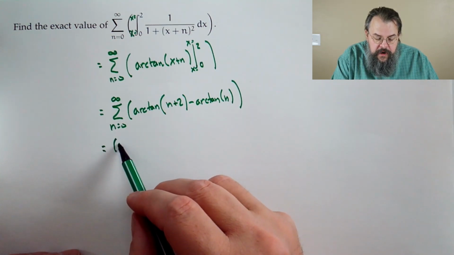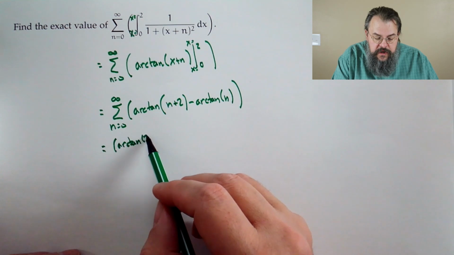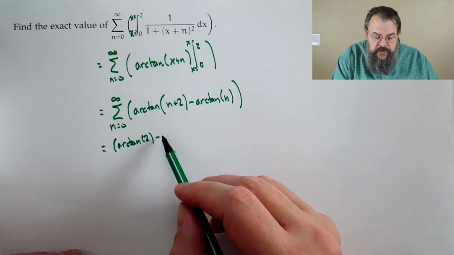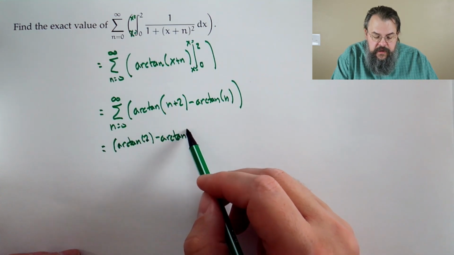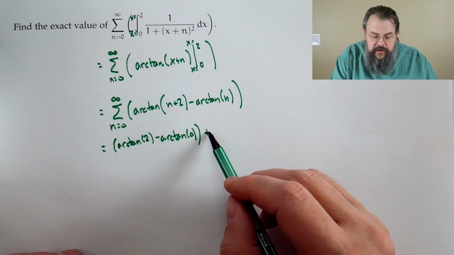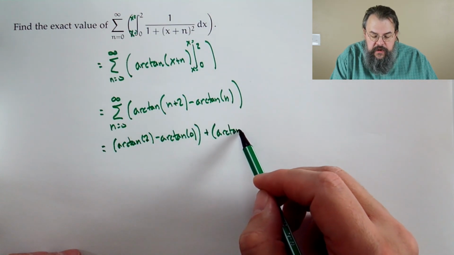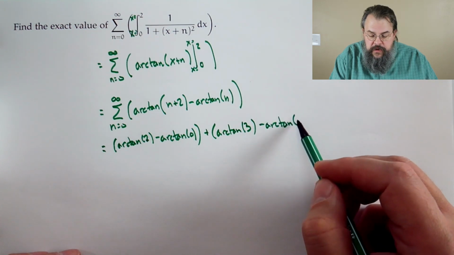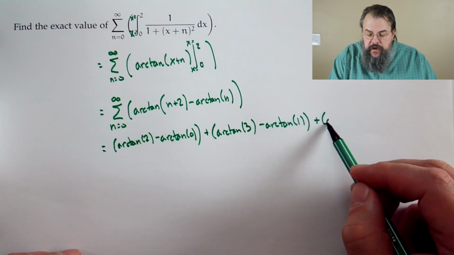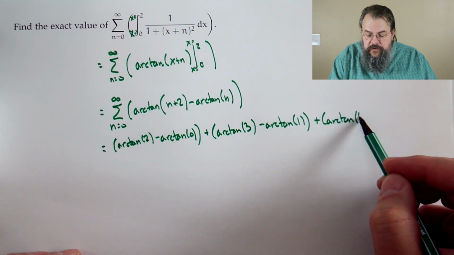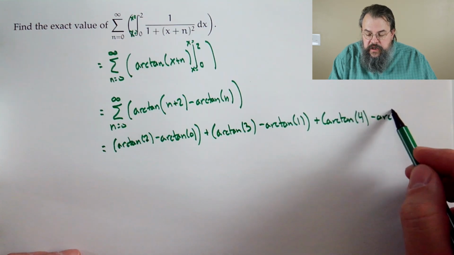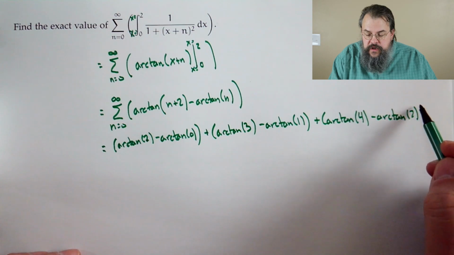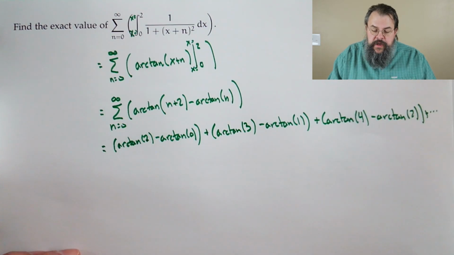Well, it becomes arctangent of 2 minus arctangent of 0. All right. And then plus arctangent of 3 minus arctangent of 1. Okay. Plus arctangent of 4 minus arctangent of 2, and so forth and so on.